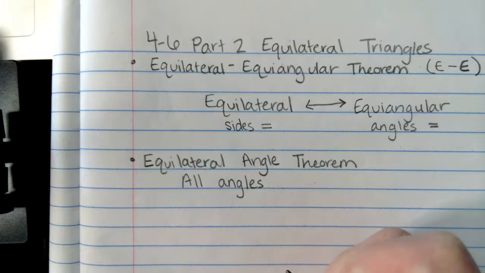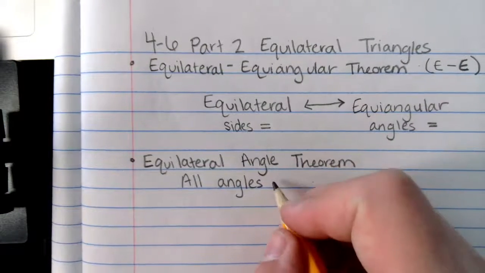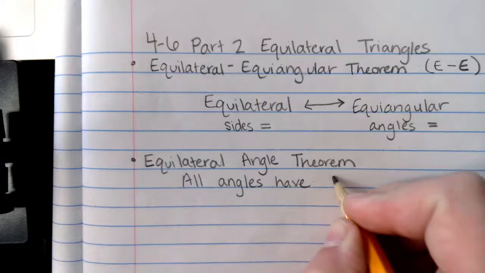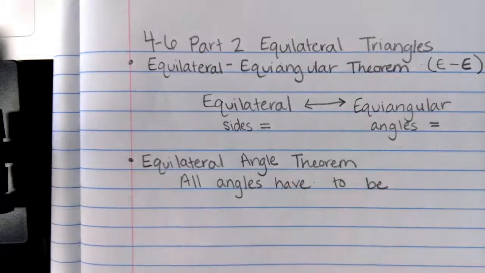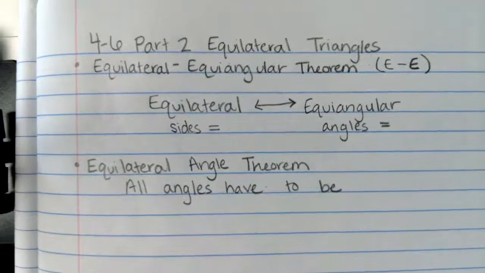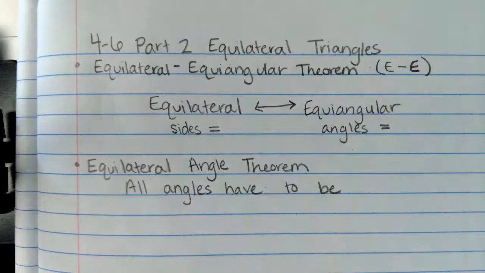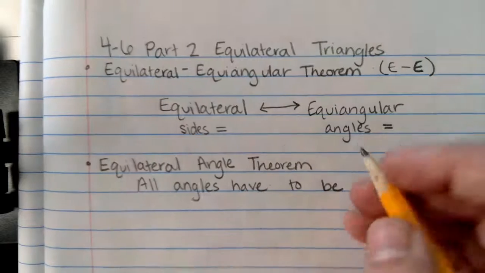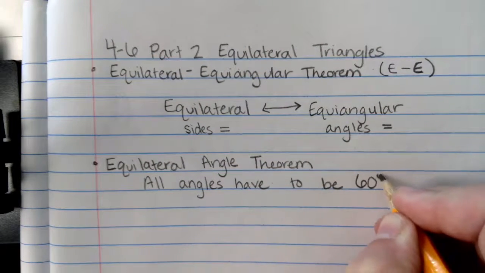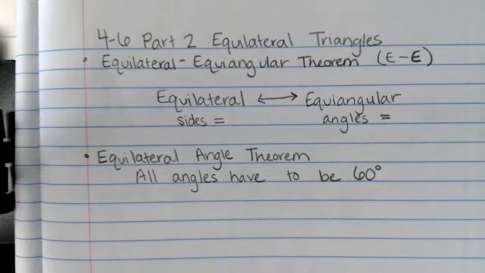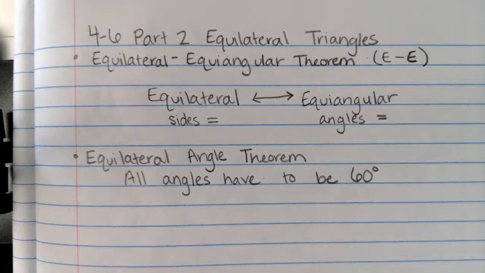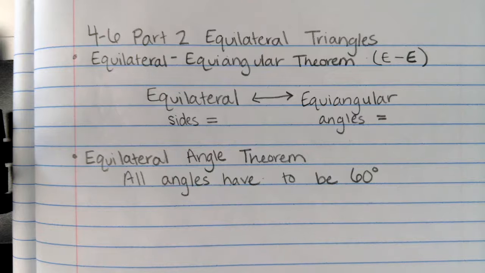So 3 of those numbers add up to 180. So what plus what is 180? They have to all be the same number. Or you can think 3 times what is 180? 60. So all angles have to be 60 degrees. In an equilateral, we know for a fact all angles are 60 degrees.